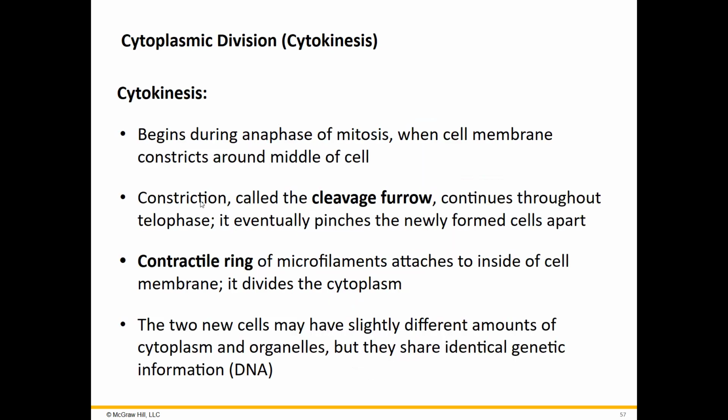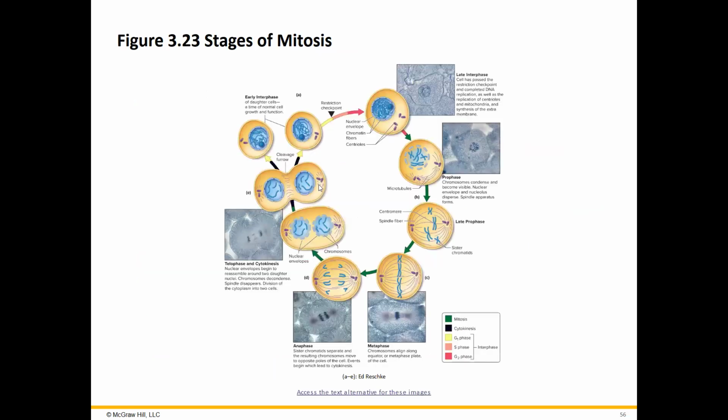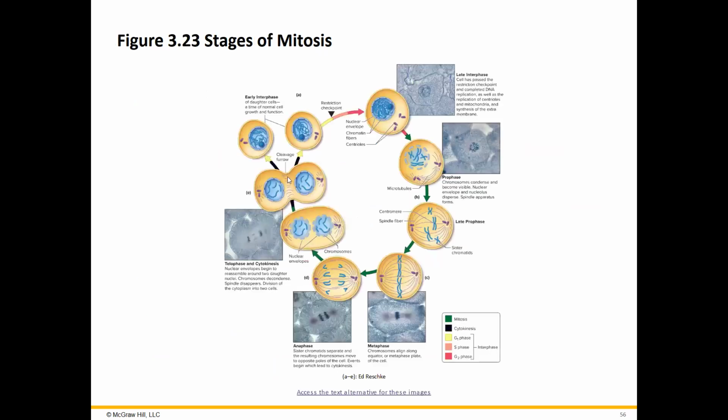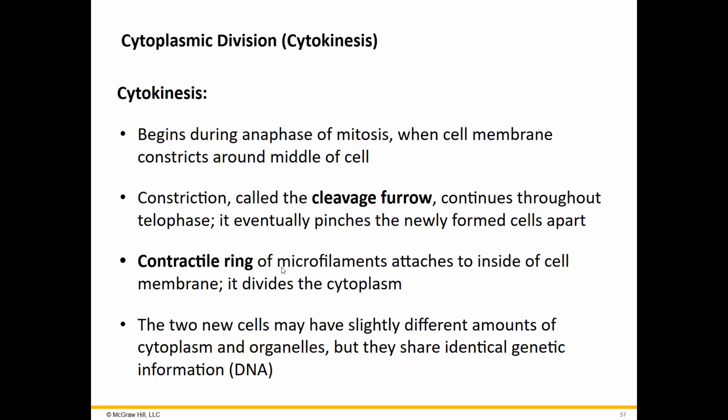And it continues throughout the telophase until it pinches so tight that it tears and becomes two cells. The contractile ring is just the microfilaments that attach inside of the membrane. So the attachment points that cause this contraction are called a contractile ring, and it's made up of microfilaments.